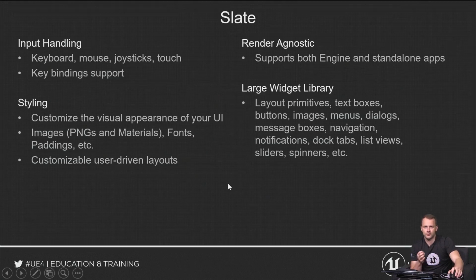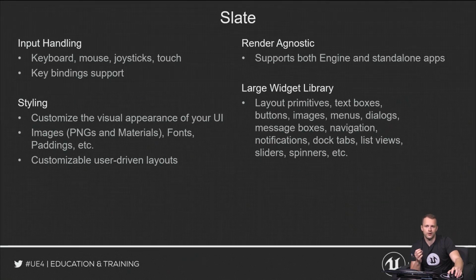Slate doesn't just render widgets such as buttons and list boxes. It also performs various other UI-related functions, such as handling the input from your mouse or keyboard, or perhaps even joysticks or joypads. It also handles key bindings. You're probably familiar with those. Then Slate also allows you to customize the styles.